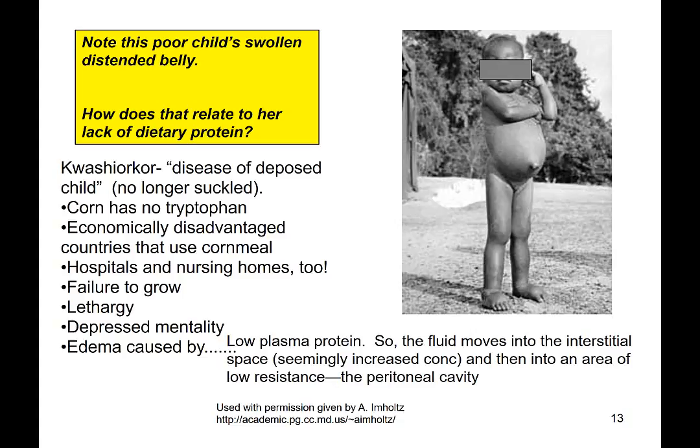As their liver fails, they cannot make albumin. Their hepatocytes are replaced by scar tissue. Cirrhosis of the liver is what that's called. And they don't make albumin. And then they get the same edema/ascites in their peritoneal cavity. So all of this water shifting is now from low plasma protein.